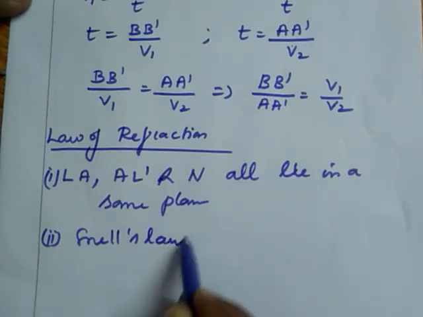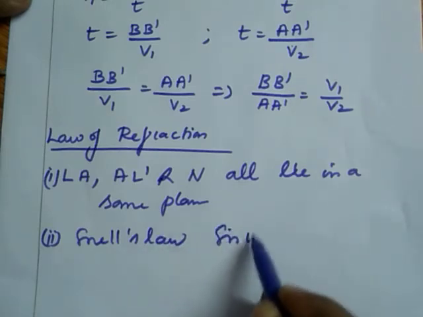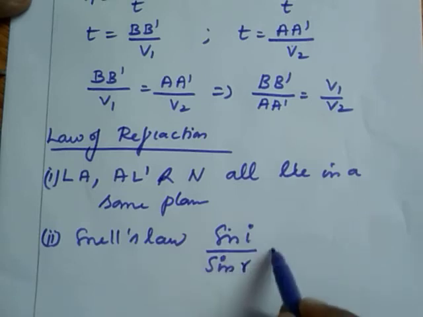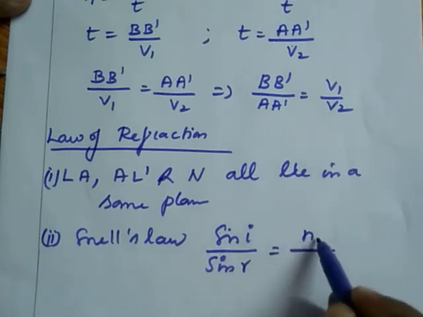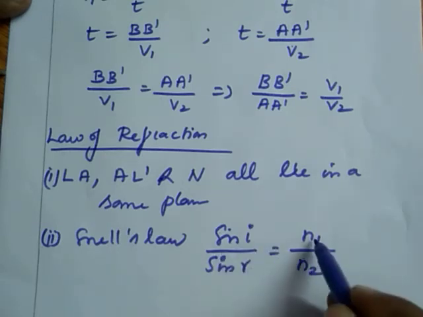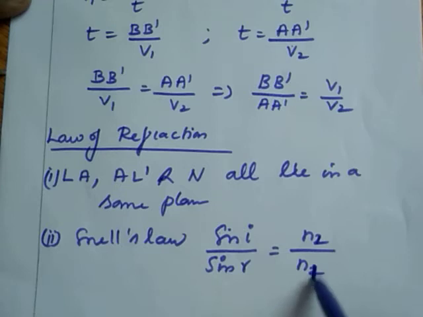Snell's law: the ratio of sine of angle of incidence to sine of angle of refraction is equal to the ratio of refractive index of the second medium to the refractive index of the first medium. Sin I by sin r is equal to n2 by n1. It is the second law of refraction.